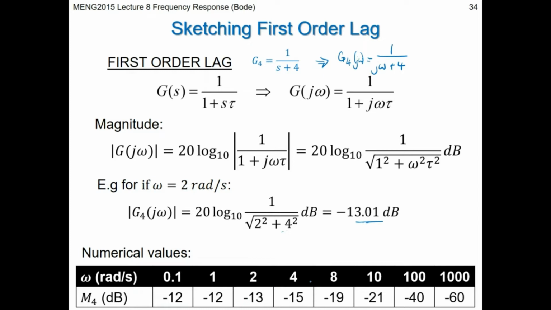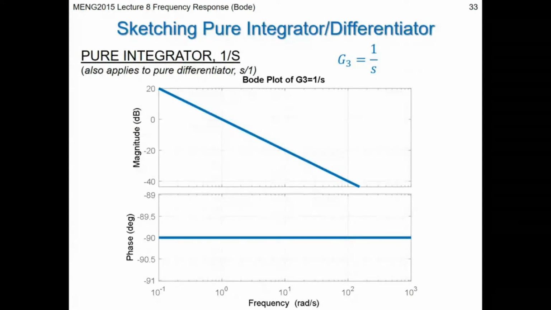Then at higher values, from 10, minus 21, 100, minus 40, 1000, minus 60. So this appears to be approaching a straight line at these higher frequencies. And the straight line appears to have a gradient of about minus 20 decibels per decade. We've seen that before because our pure integrator, which we looked at here, also has a gradient of minus 20 decibels per decade.